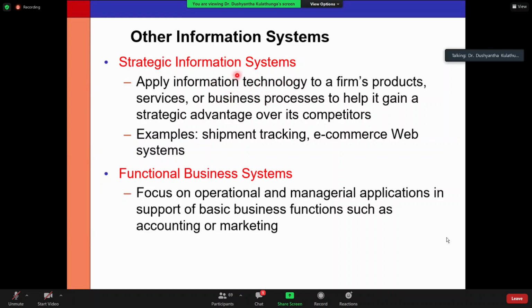Since we have not discussed strategies yet, I don't want to go into detail, but just adding information technology features into products, or into services, or into processes may not work for an organization. It should always be connected with a specific strategy the organization pursues. Then only are you in a position to achieve a strategic advantage for the organization.